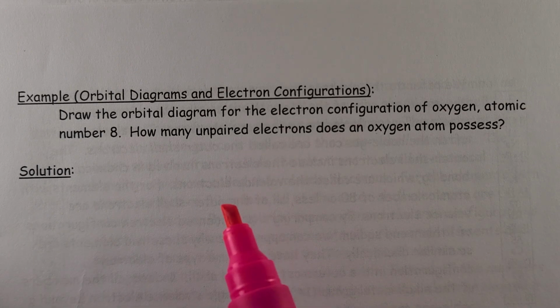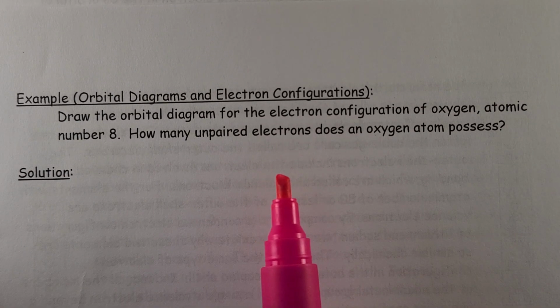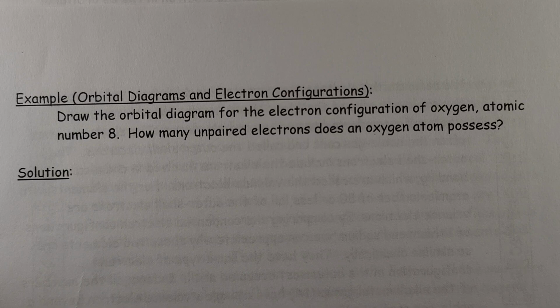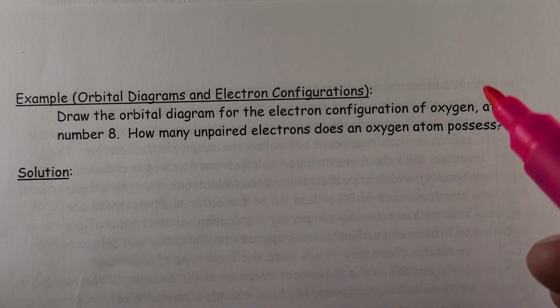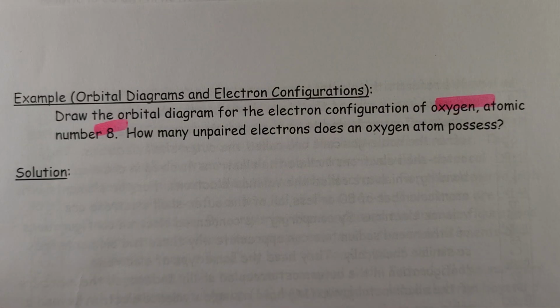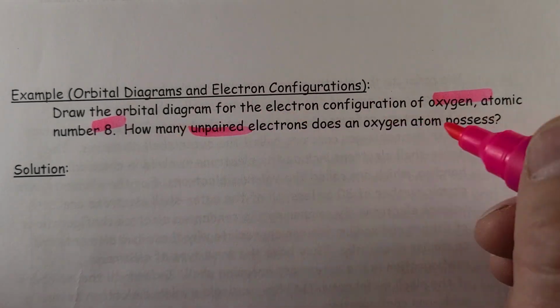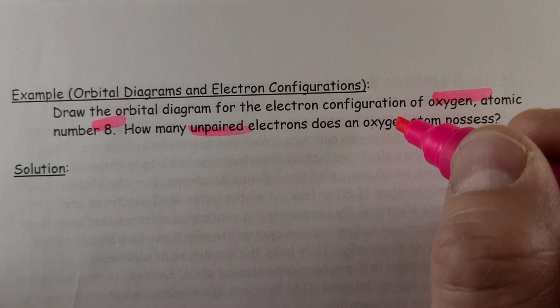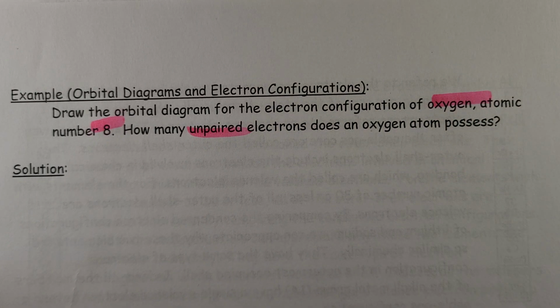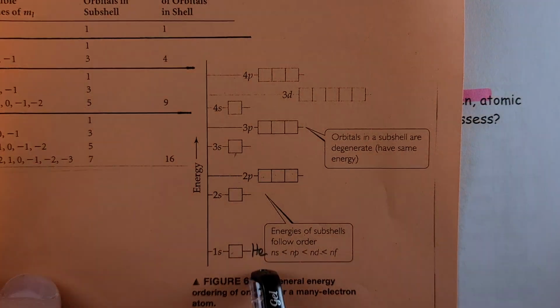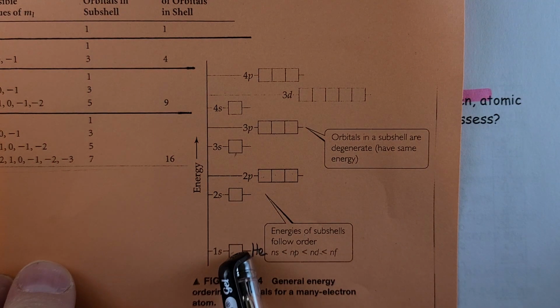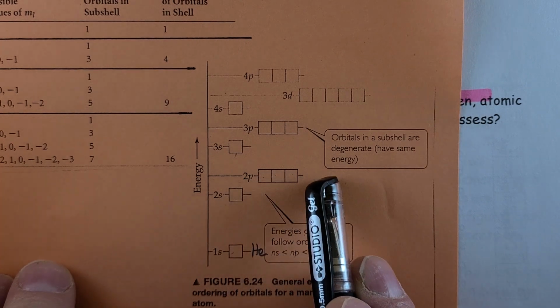So let's take a look at this example. On the next page we have this: draw the orbital diagram for the electron configuration of oxygen, which has atomic number 8. How many unpaired electrons does an oxygen atom possess? So what we could do here is fill up the 1s region, then the 2s, then we'll look at the 2p.